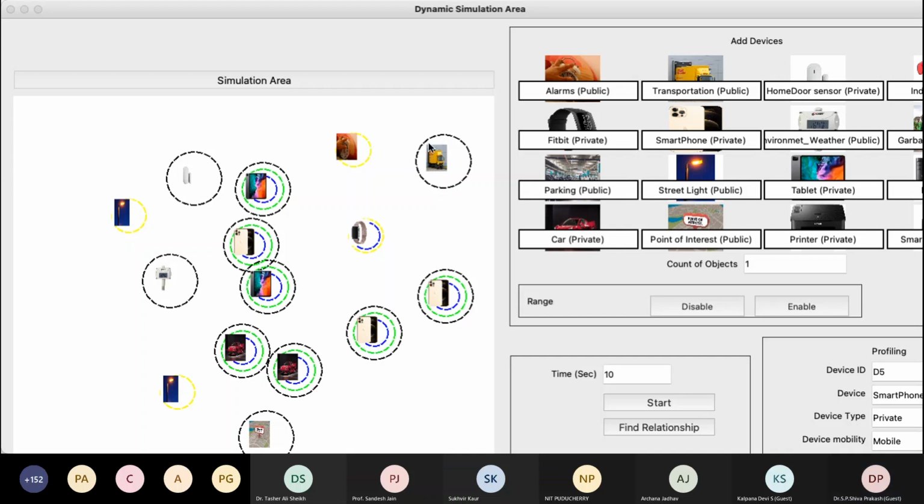Suppose we have already defined them. I showed you in the presentation the set of parameters that have been used to define the relationship for STOR, for SOR, for GSTOR, SROR, CLOR.